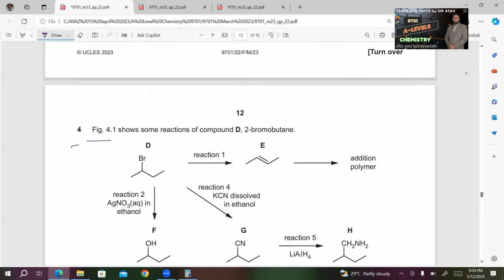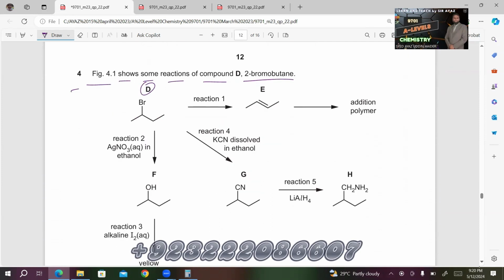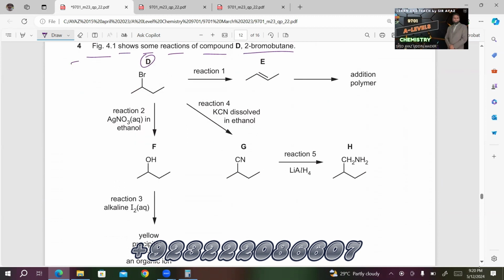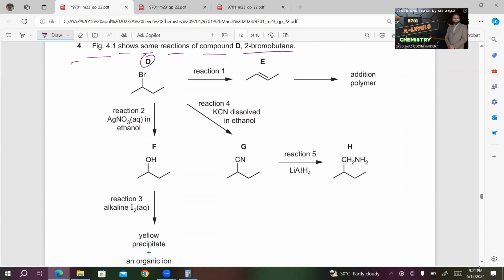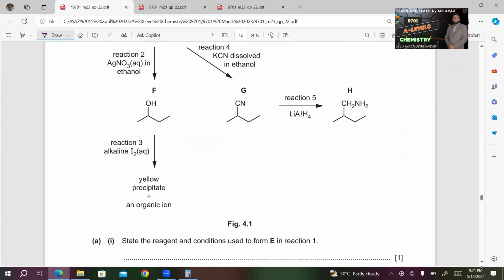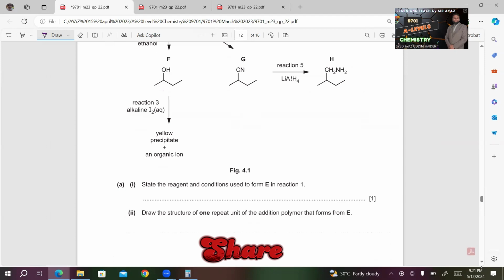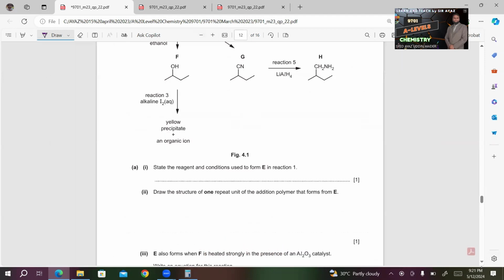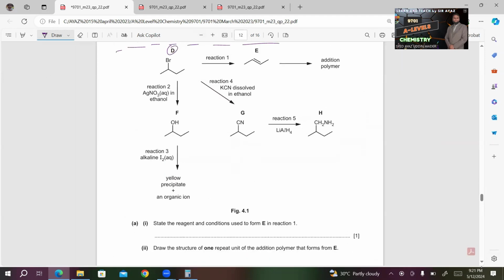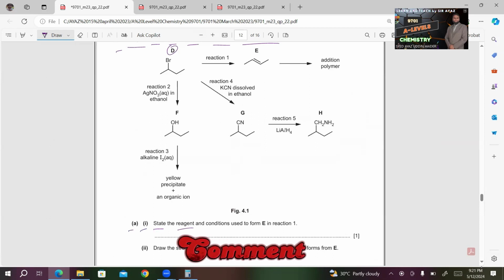Question number 4. Figure 4.1 shows some reactions of compound D, 2-bromobutane. This is 2-bromobutane. So here's the reaction. We have reaction 1, reaction 2, reaction 4, reaction 5. A1. State the reagent and conditions used to form E in reaction 1.